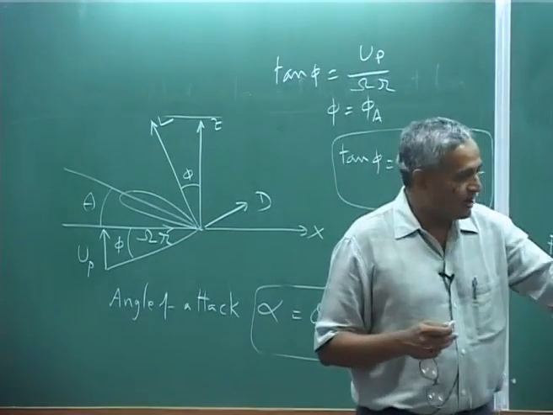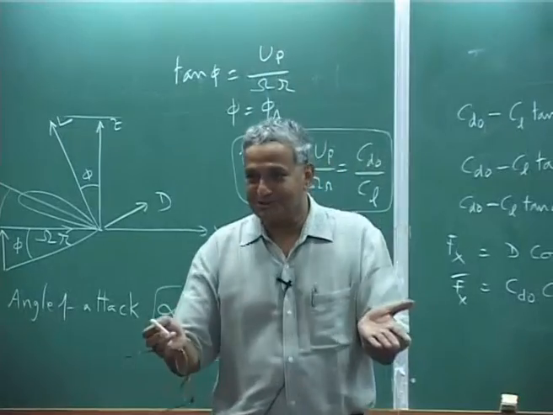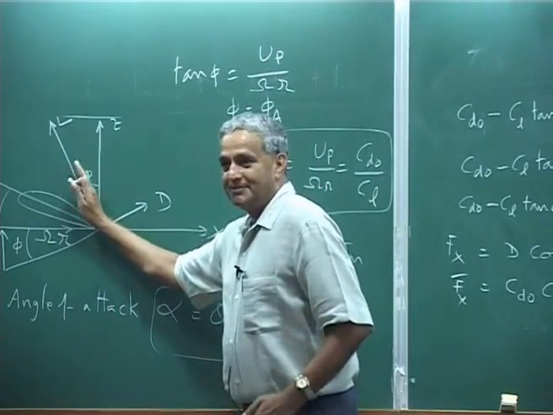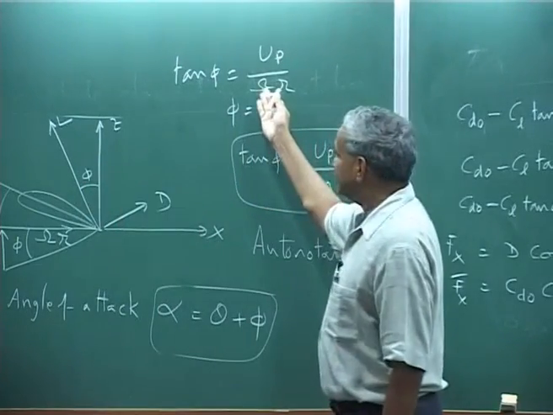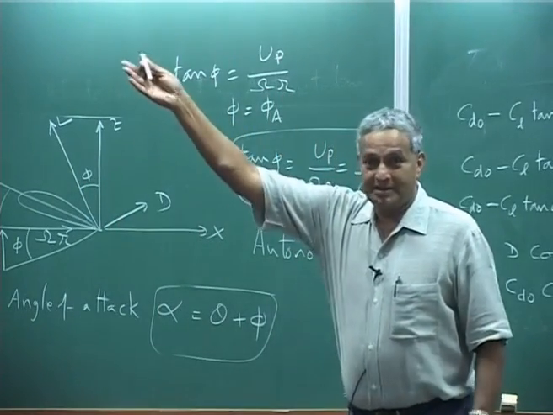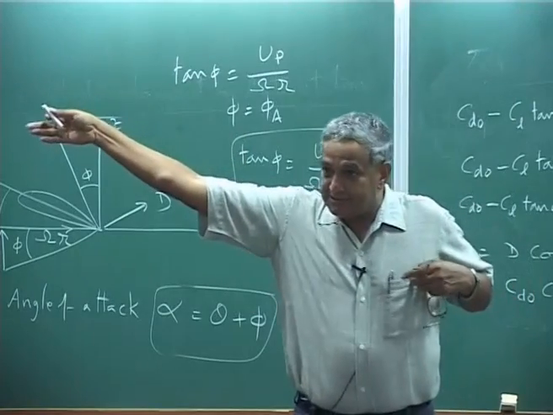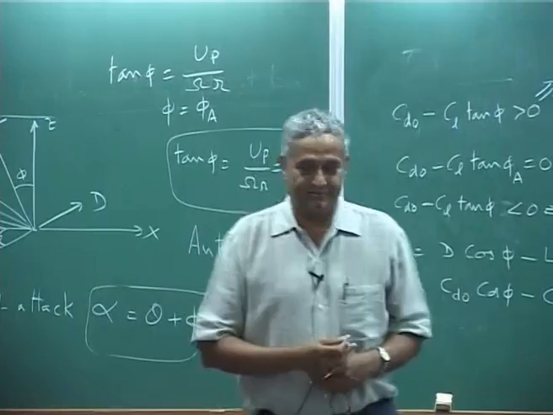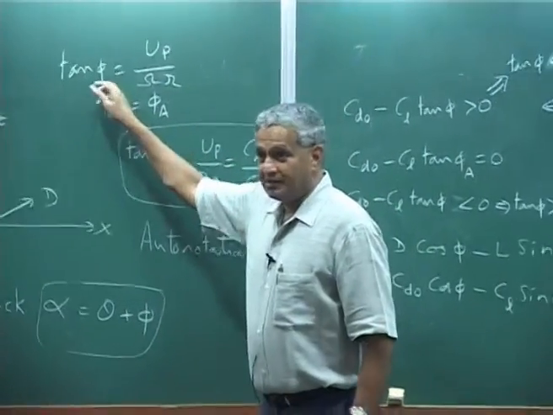Maybe somewhere at one point F x may be 0. Then if you keep on decreasing phi, because what does decreasing phi mean? Omega r is increasing. As you go towards the tip, omega r is increasing. When omega r increases, phi becomes small.